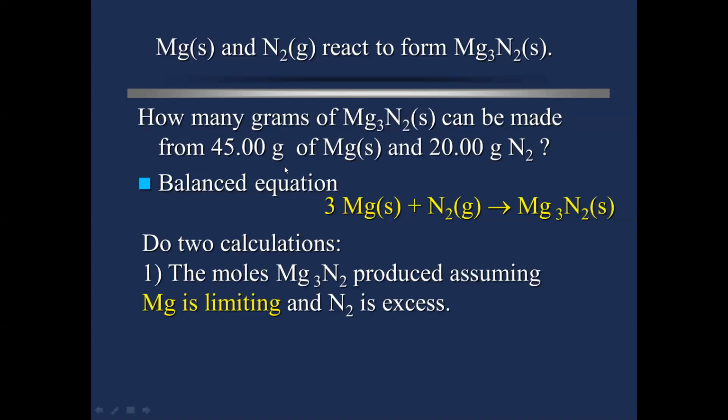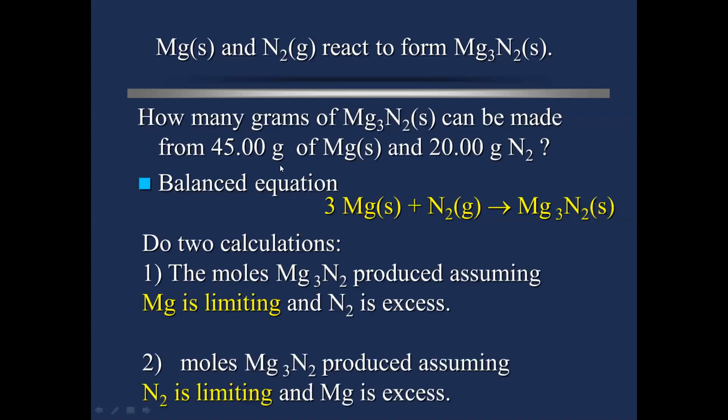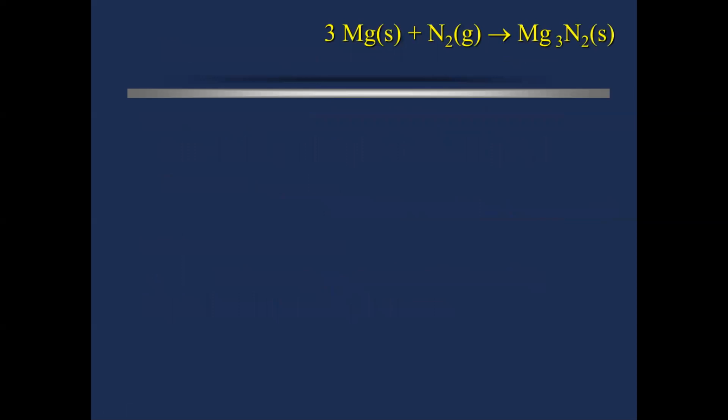So let's do one calculation, and then we will assume the nitrogen is limiting. Then we do another calculation. Then we will compare which calculation will produce less product. You will see what I mean.